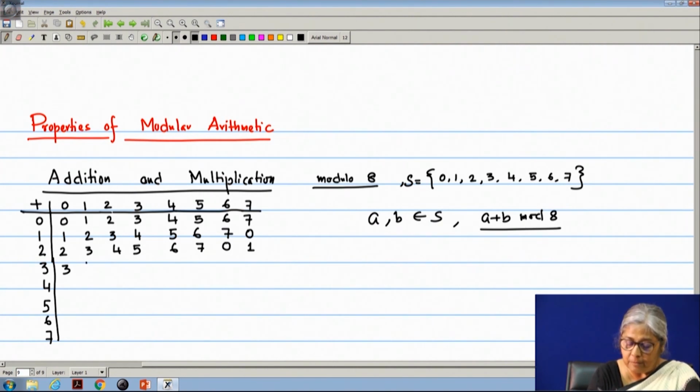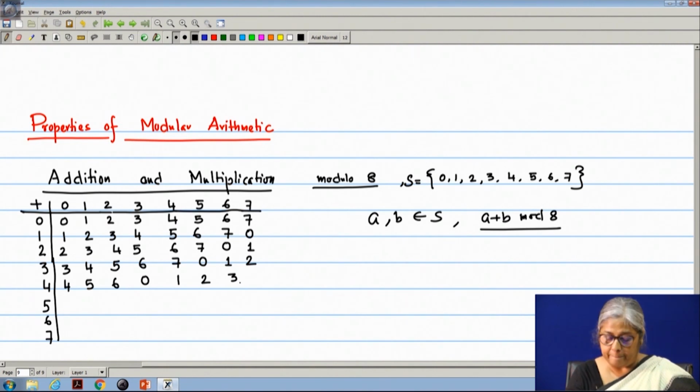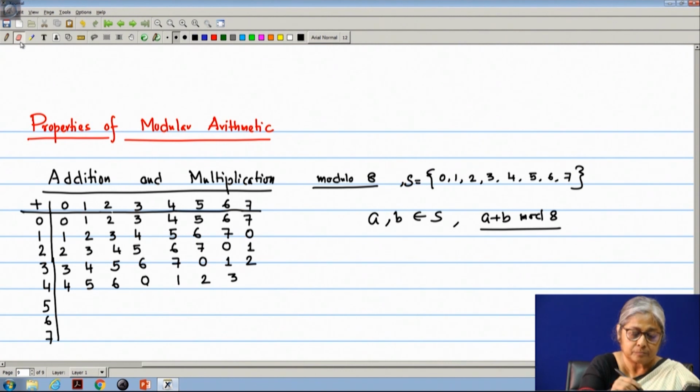Similarly, now we can fill up quickly: 5, 6, 7, then 0, 1, 2. Next, 4, 5, 6, then 0, 1, 2, 3.